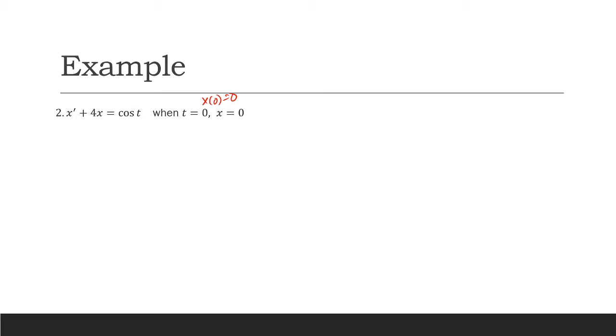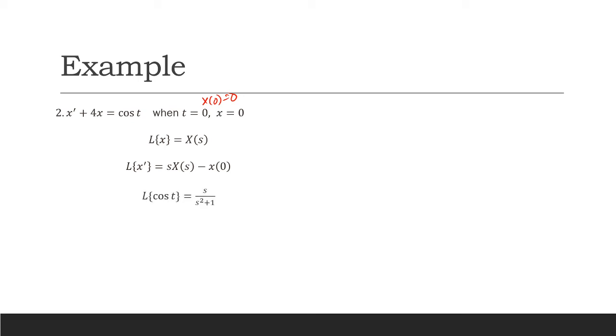So, let's do that. Again, the first step is we find the Laplace of the equation. To get it, let's go term by term. We have the Laplace of x, that is X of s, the Laplace of x prime, that is s X of s minus x of 0, and the Laplace of cosine t, that is s over s squared plus 1.